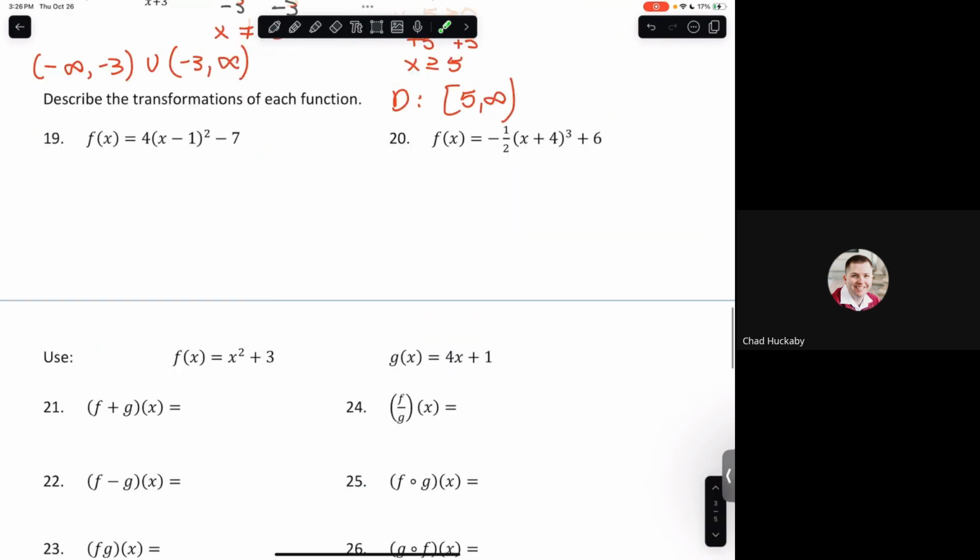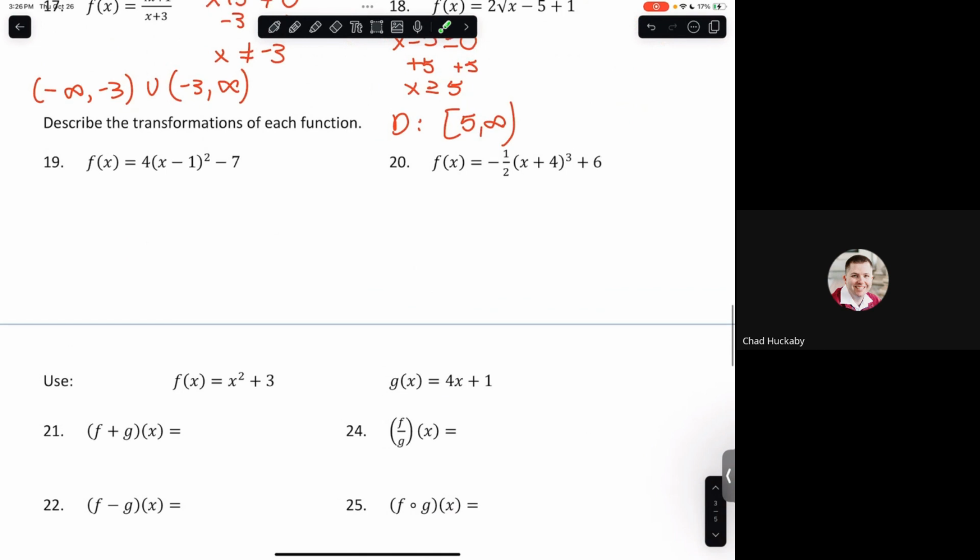All right, let's move on and describe some transformations of functions. So on 19, the first thing I want to look at is on the very inside, this -1. That's a horizontal shift. And it's 1 unit. Which direction is it?